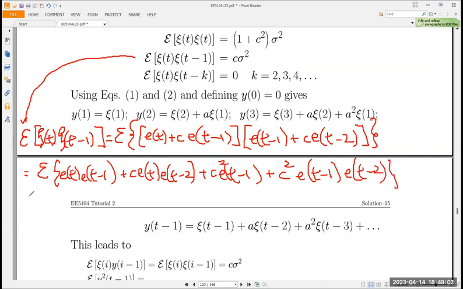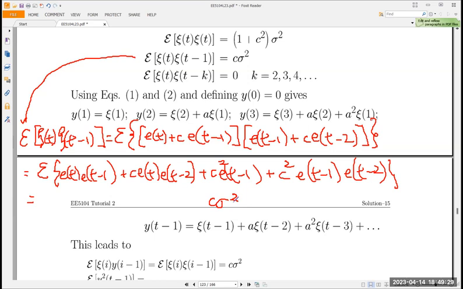Okay, so again, because it is given that the variance of e is sigma square, the expectation of this one is C sigma square. Then you know that they are zero mean and independent.